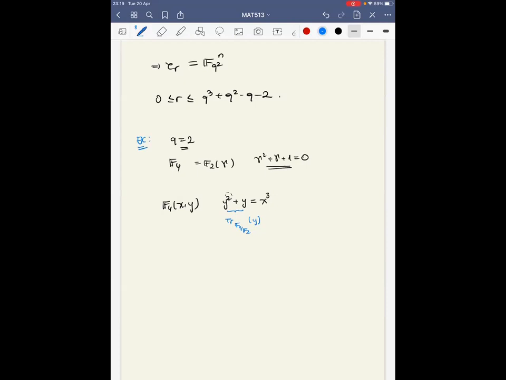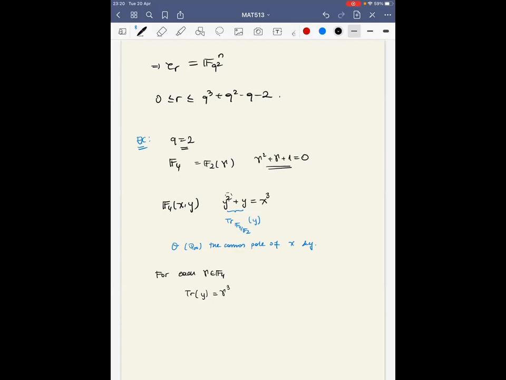So in order to understand the rational places explicitly, the first place we consider is going to be Q infinity. It is going to be the common pole of X and Y. And for the other rational places, indeed, we can compute that for each gamma, the trace of Y is going to be gamma cube.